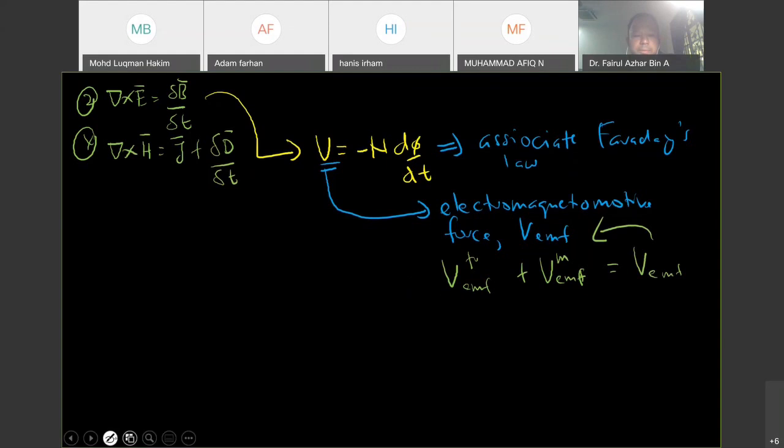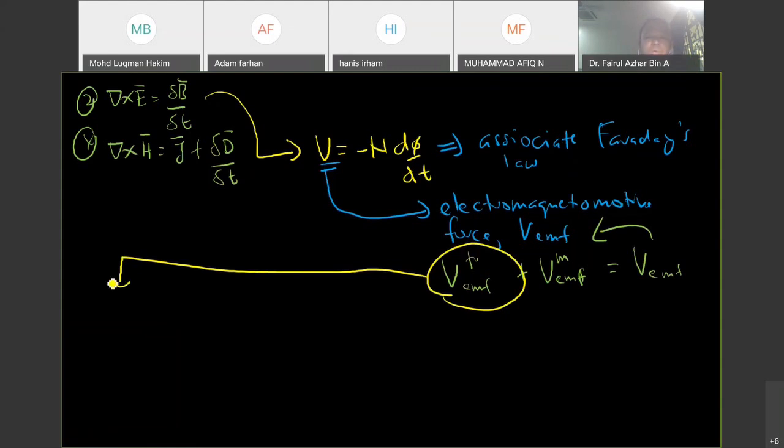So the first type of EMF, the transformer electromotive force, is the voltage that will be produced when we have a stationary loop located in a time varying field.